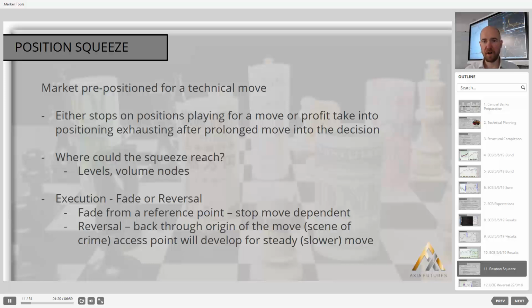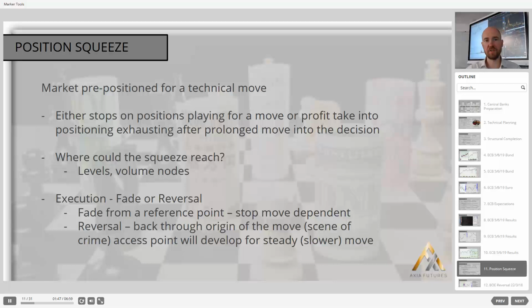The flip side of that is, rather than people having positions for a technical breakout type move, you've got a directional move into the event, into the central bank decision. And then it's not so much a squeeze of the positions going into it. Say, for example, you get a move up on a play for a certain central bank decision.